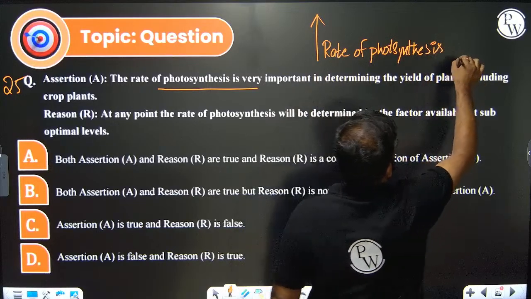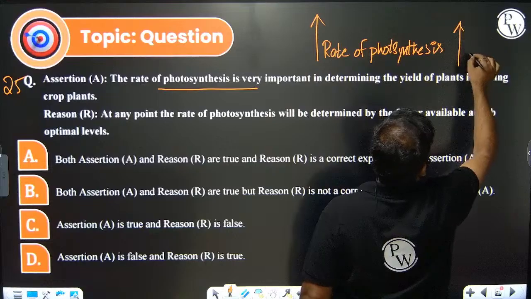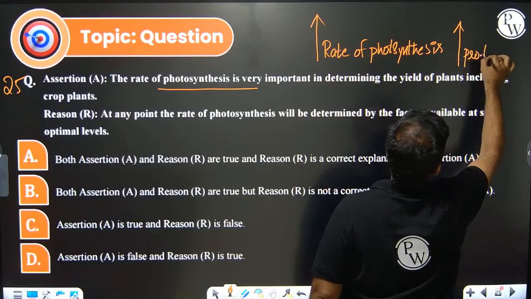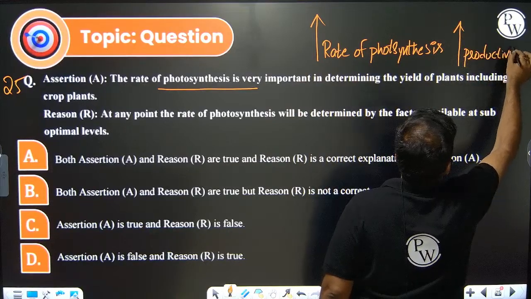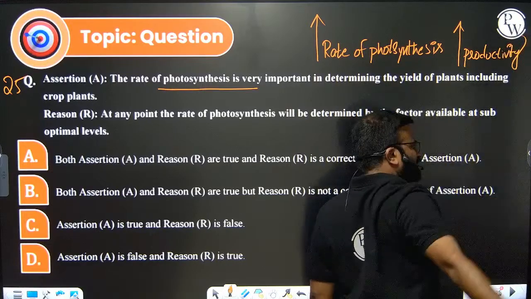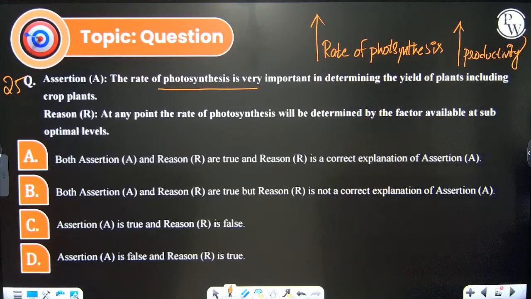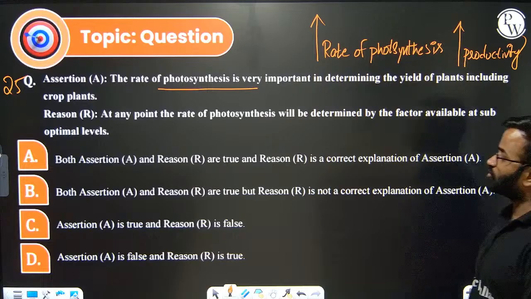It means there is high productivity as well, and it holds good for all plants, even including crop plants. So as a statement it is true.